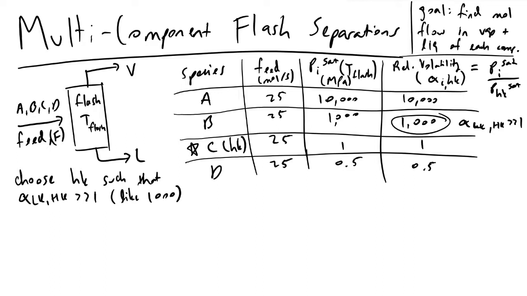And so relative volatility, called alpha_i,HK, the relative volatility of component i to the heavy key, is equivalent to the ratio of the equilibrium constants for this species. And so we would have K sub i and K sub HK.